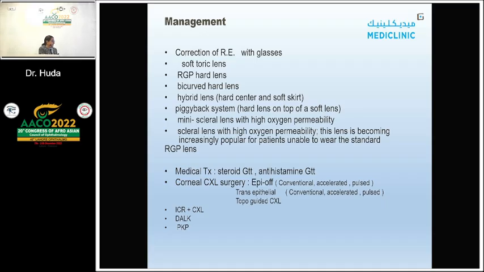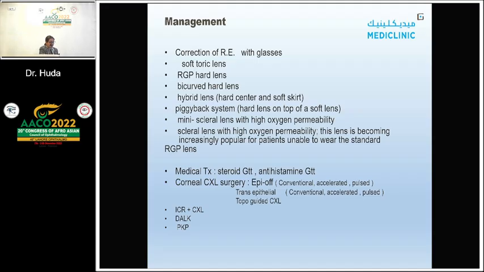I put all my patients with keratoconus on cyclosporine for more than 1 year, even after cross-linking. I think the anti-inflammatory and immunomodulatory action of cyclosporine plays a role in keratoconus. And I think keratoconus is also an inflammatory process that leads to progressive thinning of the cornea.